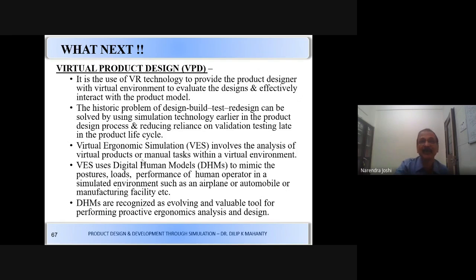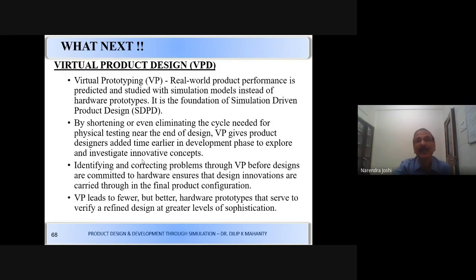So this kind of VPD we're talking about. Real world performance is predicted and studied with simulation. It is the foundation of simulation-driven product design. And today another topic is SDPD. This is the next extension of what we discussed about product design, the simulation-driven product design concept. It is slowly being taken up in major areas like space engineering and critical areas like nuclear.